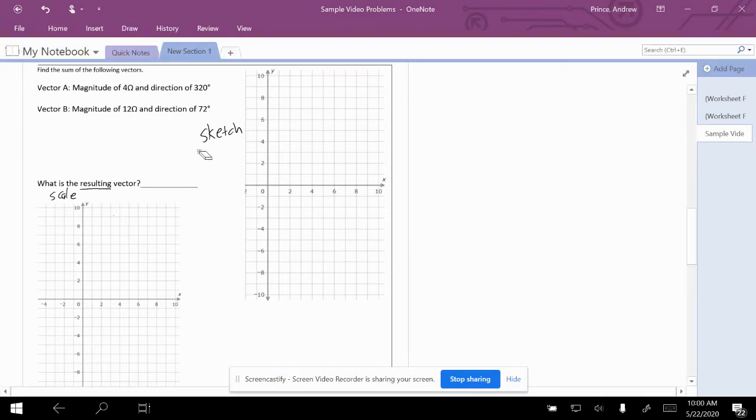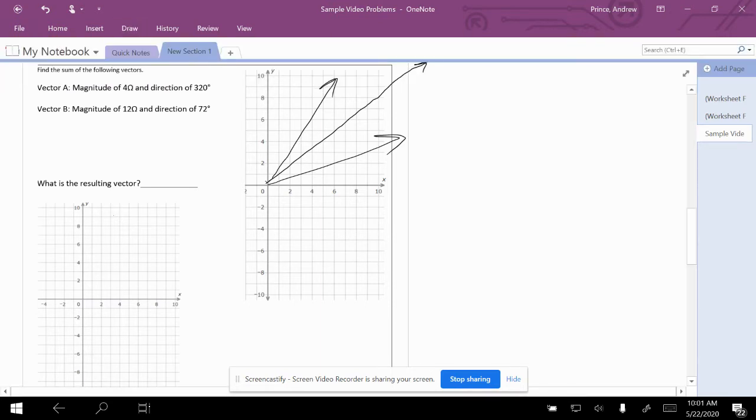If you have two vectors that are pretty close to scale, and one's going this way and the other one's going in the same quadrant, and all of a sudden you get a resulting vector that's shooting off this way, you know that's not going to be right. If you have two vectors that are approximately in the same direction, the resulting one should be even further in that direction.